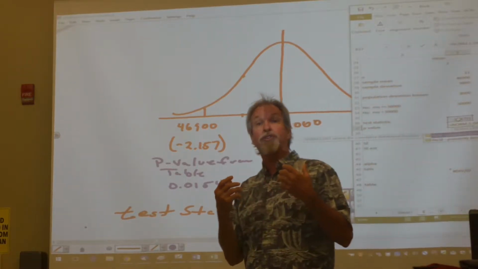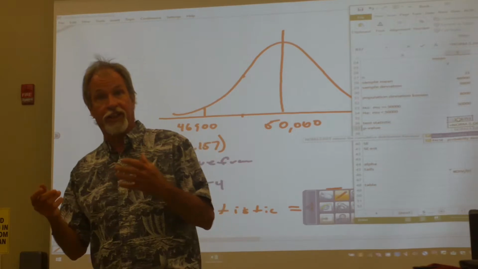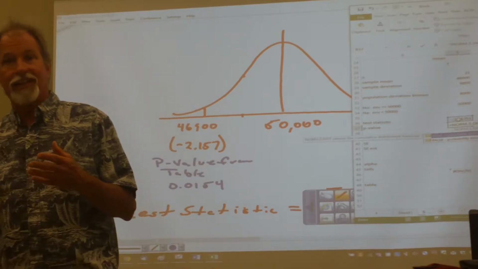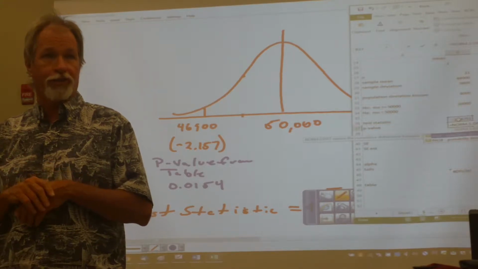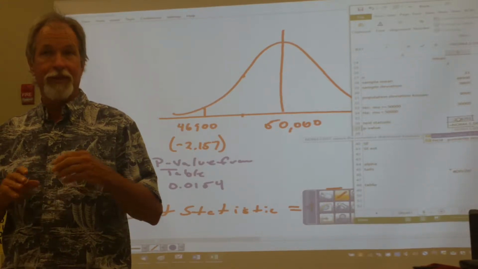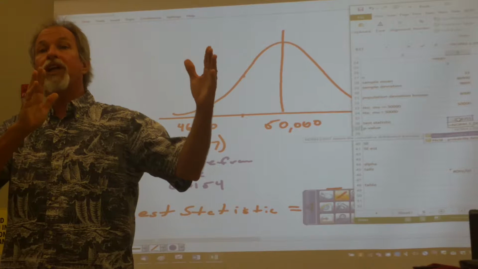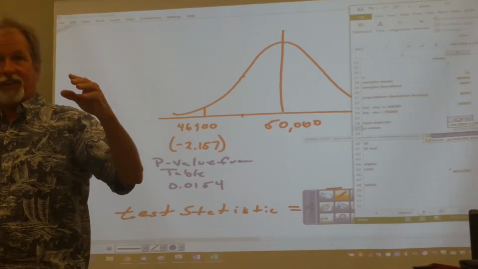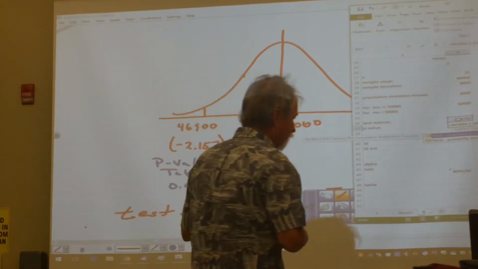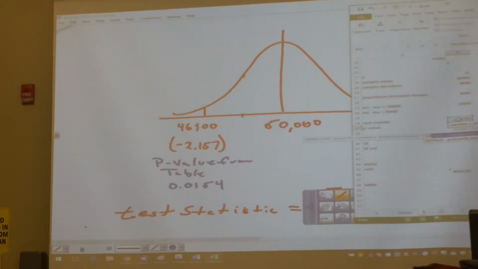And here's why I use both the table and Excel. I get this flip-flop. I'm either going to type in true or false here. One of them gives me everything to the left, and one of them gives me an exact value. I'm like 70% sure that I want to type in the word false.